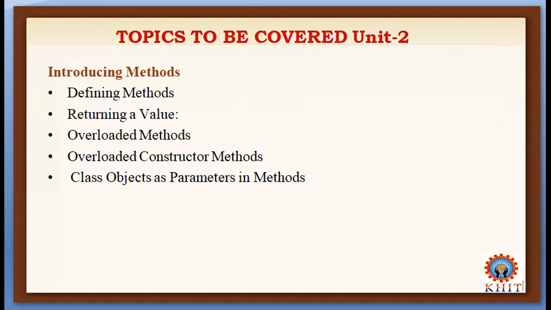This we have already covered in the first part, but anyhow we'll try to discuss that also. Then class objects as parameters in methods. That means you define an object of a class, and we give that object of a class as a parameter to the method. That we're going to learn.